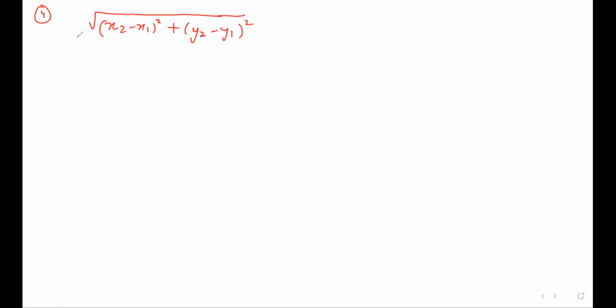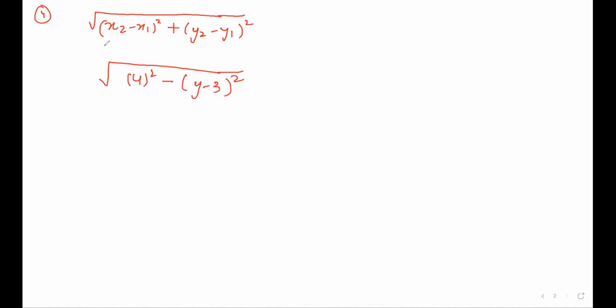Now the fourth question was, let me see. You have to assume a point on the y-axis first of all. Now in the next step you are doing this, under root 4 square minus y minus 3 whole square. So where are the coordinates? You have not mentioned the coordinates anywhere. Fine.